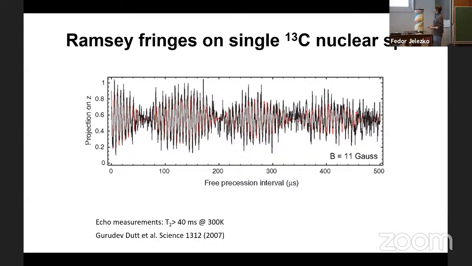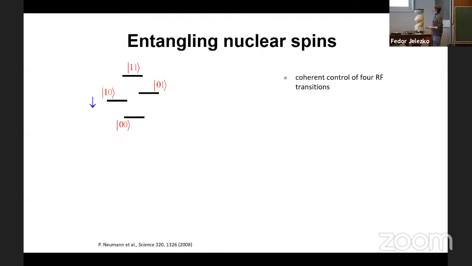Then the simplest entangling demonstrations can be done by first applying a selective pi pulse, preparing this system in a very pure initial state. Then you apply the pi half pulse. You create a coherence for one of the nuclear spins, followed by a pi pulse on this nuclear spin manifold.